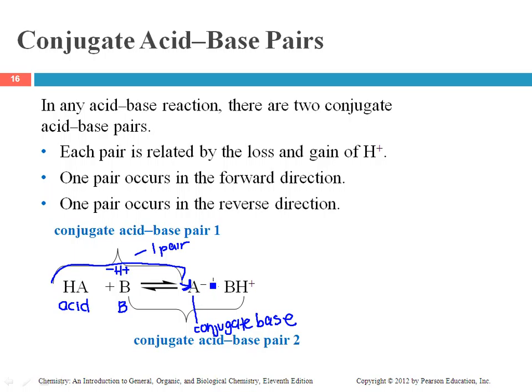So it's going to look like this here. And our base gains a proton, so this is going to be our conjugate acid, and it's going to have gained a hydrogen. They look very similar, except they're going to be different in the amount of hydrogens bonded to them. So this is one pair. We have our acid, this is our conjugate base. Then we have our base with a conjugate acid.